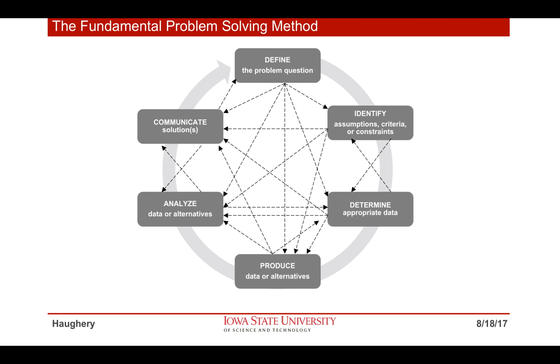So we can always cycle back through, redefine the problem or re-identify assumptions, and do that process over again. A lot of times that's what we do in real job scenarios where we solve a problem and today this is the solution, but tomorrow there's going to be a different solution.